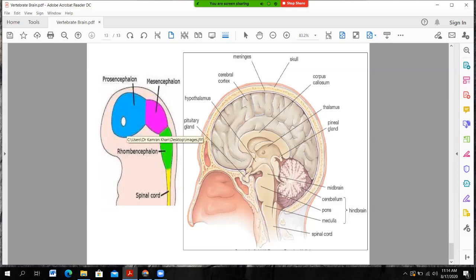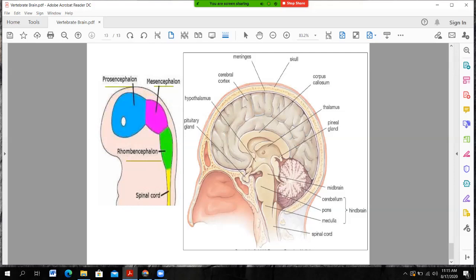During embryonic development, there are various structures called prosencephalon, mesencephalon, and rhombencephalon. These have longer names. For example, prosencephalon is called the forebrain, and it develops to make the cerebrum.